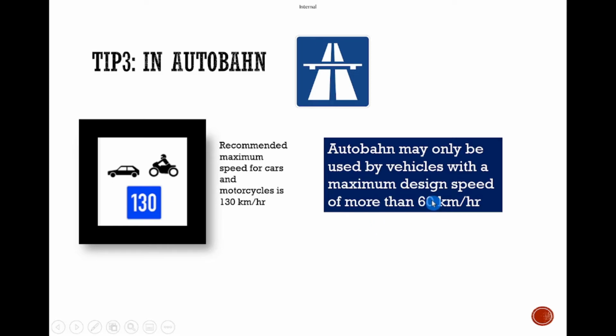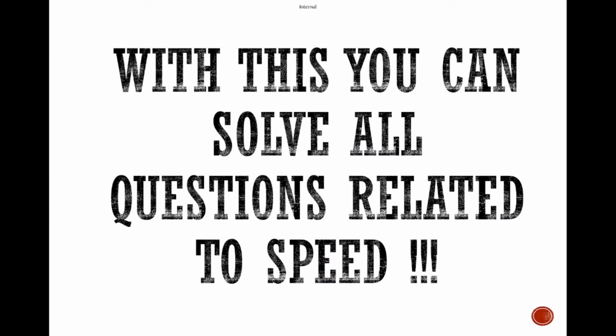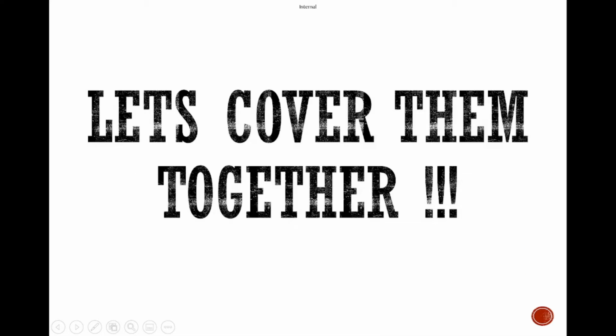Any other vehicles which cannot reach a speed of 60 km per hour are not allowed on Autobahn. Take a note of this, and then you should be able to solve all of the questions related to speed. So let's cover these questions together.